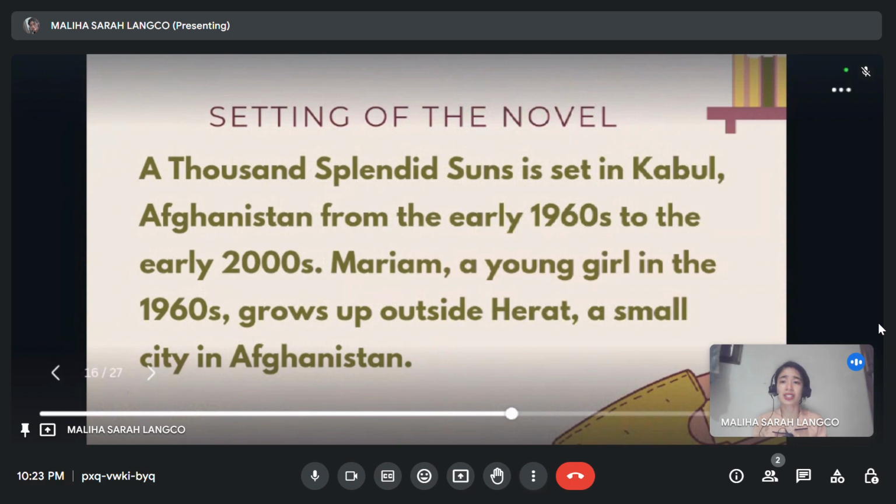So A Thousand Splendid Suns happened in Kabul, Afghanistan from the early 1960s to the early 2000s. So the early 1960s is the late Soviet war, and the early 2000s is the early Taliban regime.